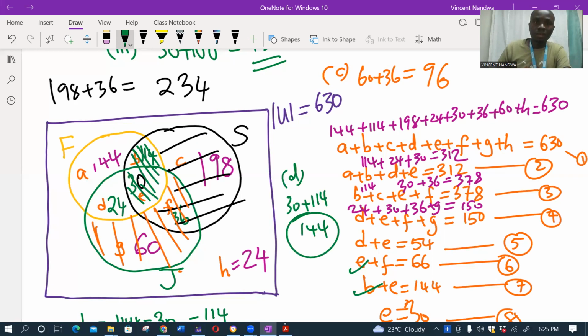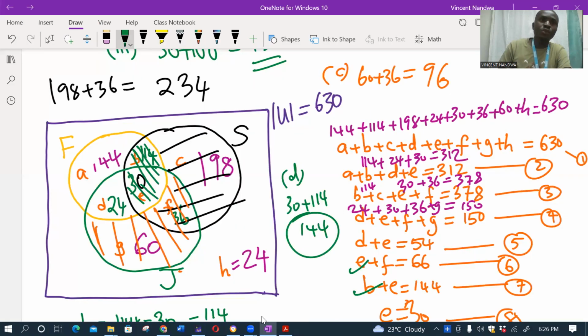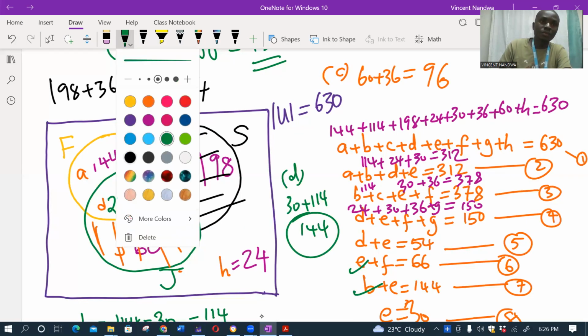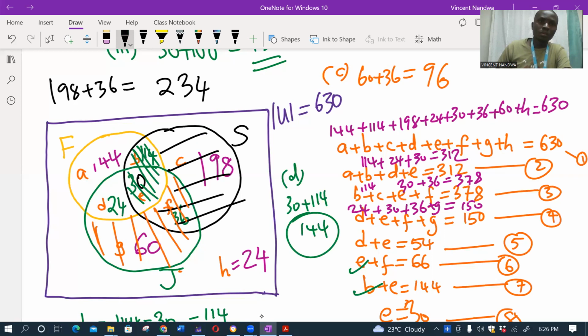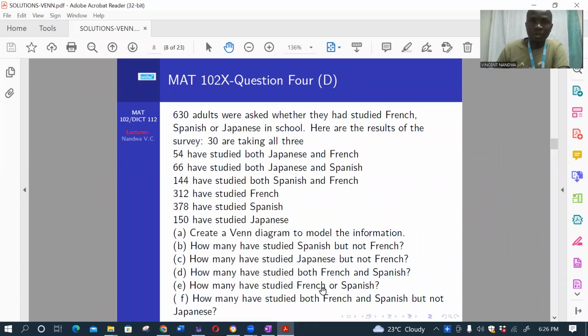Part E, how many have studied French or Spanish? So French or Spanish, where F meets S. So that's what you have done in part D. Okay, so the first part D was how many have studied both French and Spanish.